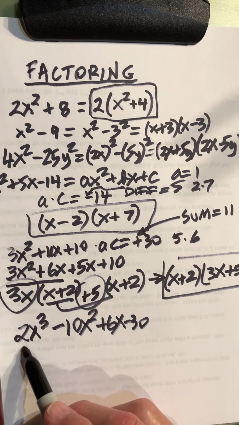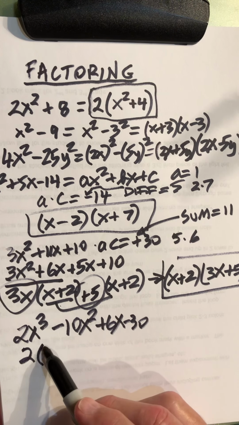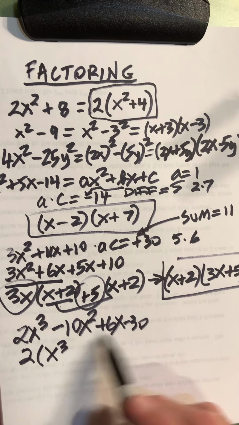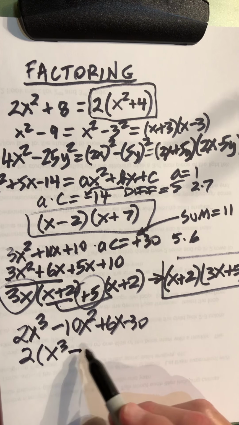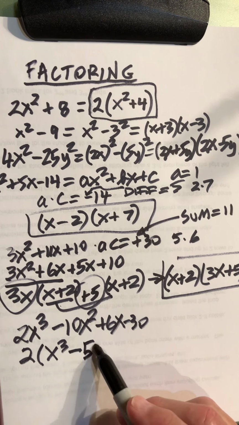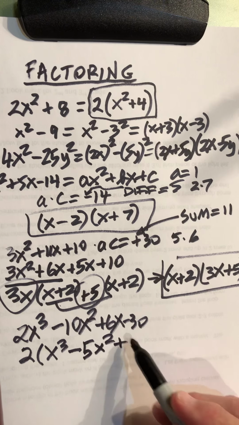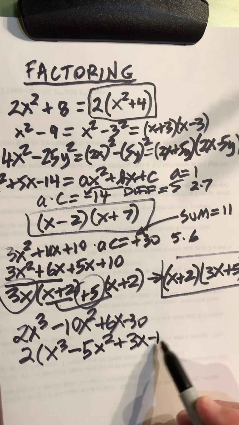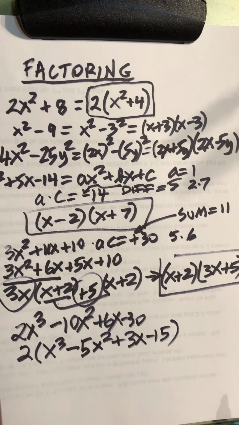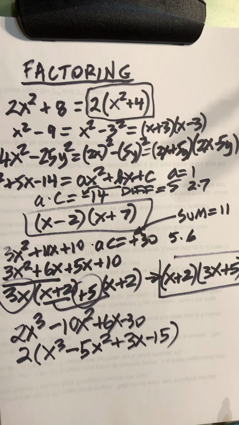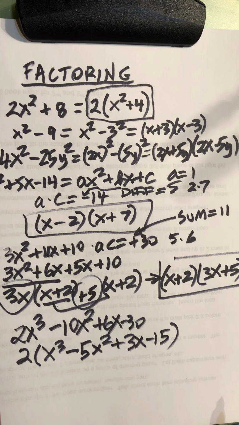Ooh, I caught it. So there's a 2 I can take out of there. X cubed, boy, I'd love to take an x out, but I can't. Minus 5x squared plus 3x minus 15. See how I did that? The first step of every factoring problem is to remove that greatest common factor.